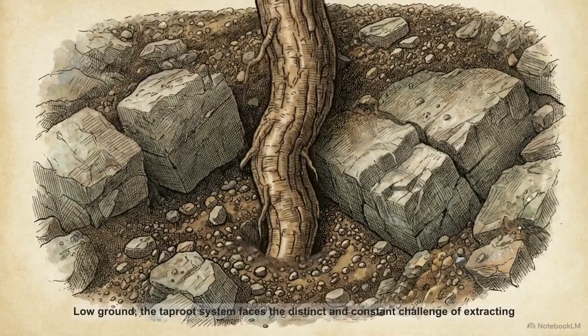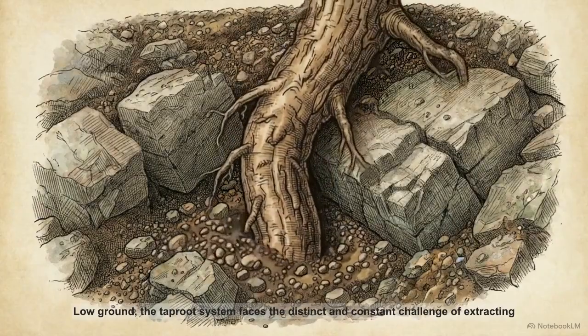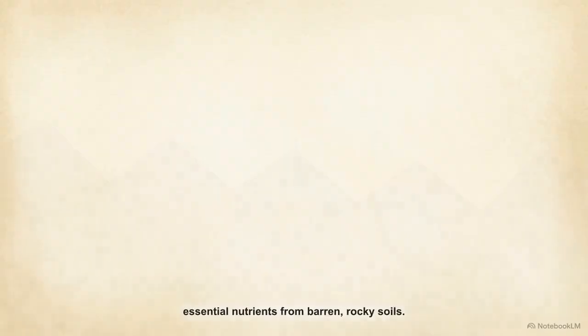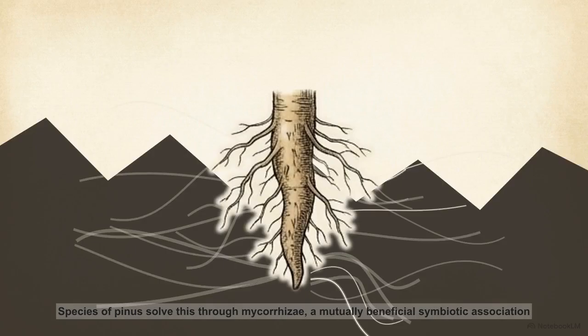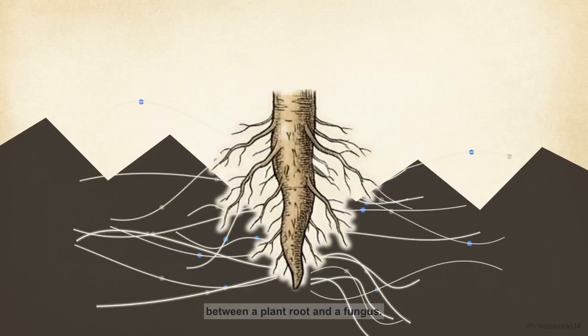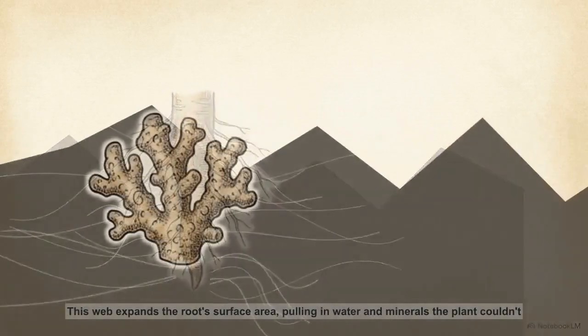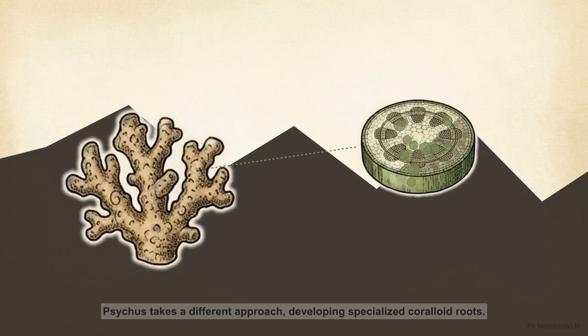Below ground, the taproot system faces the distinct and constant challenge of extracting essential nutrients from barren, rocky soils. Species of Pinus solve this through mycorrhiza, a mutually beneficial symbiotic association between a plant root and a fungus. This web expands the root surface area, pulling in water and minerals the plant couldn't reach alone. Cycas takes a different approach, developing specialized coralloid roots.